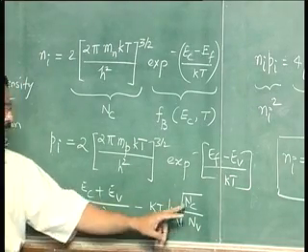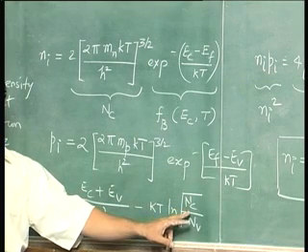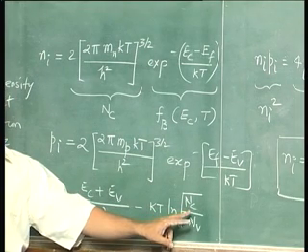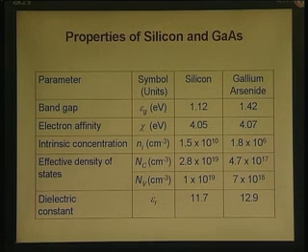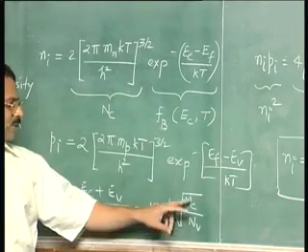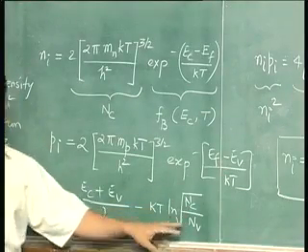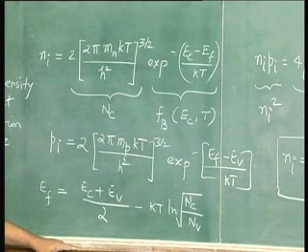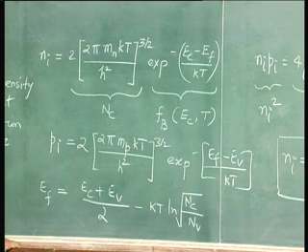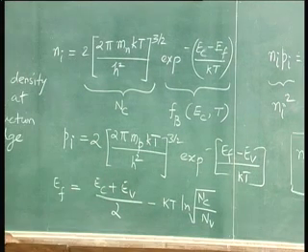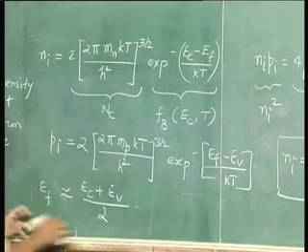If you take silicon for example, the Nc value is 2.8 and Nv is 1, so square root of 2.8, and you take log of that, it is really going to be very small. Okay, so EF is approximately equal to EC plus EV by 2. It's the middle of the energy gap.